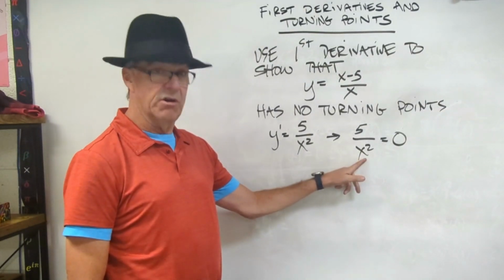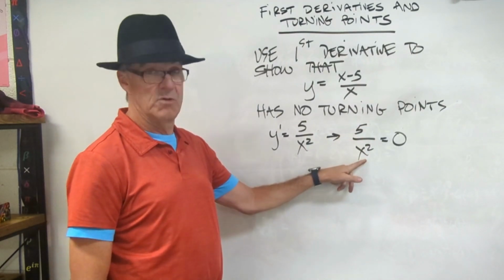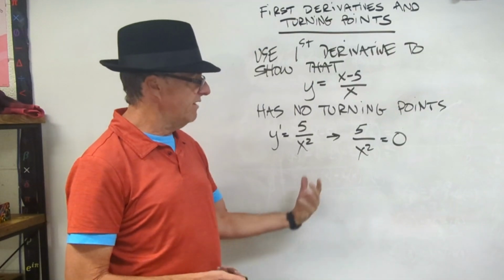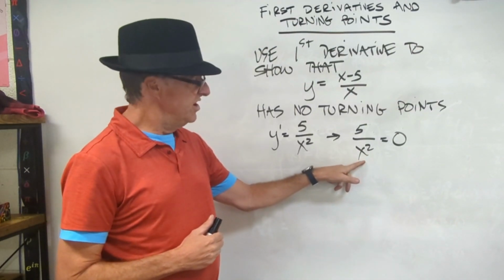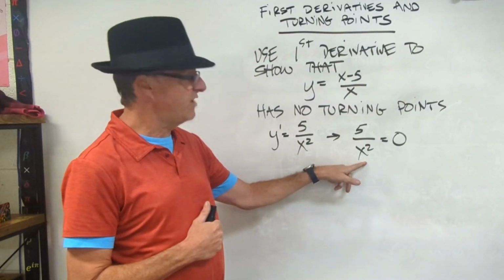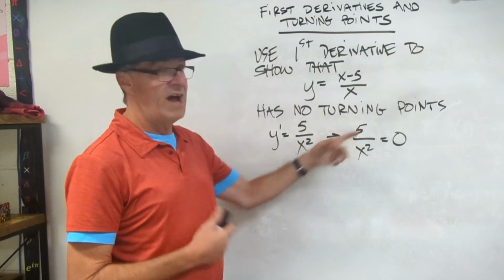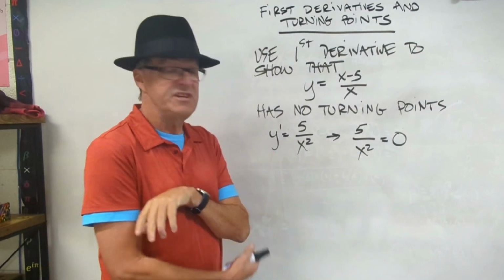If you put in 0 for x, you have an undefined problem because you have a divide by 0 problem. You start experimenting around, you're going to find that no matter what you put in for x, you're going to have some positive number on the bottom of this fraction, which means when you divide it into 5, you're going to have some positive number. So this function is always increasing.